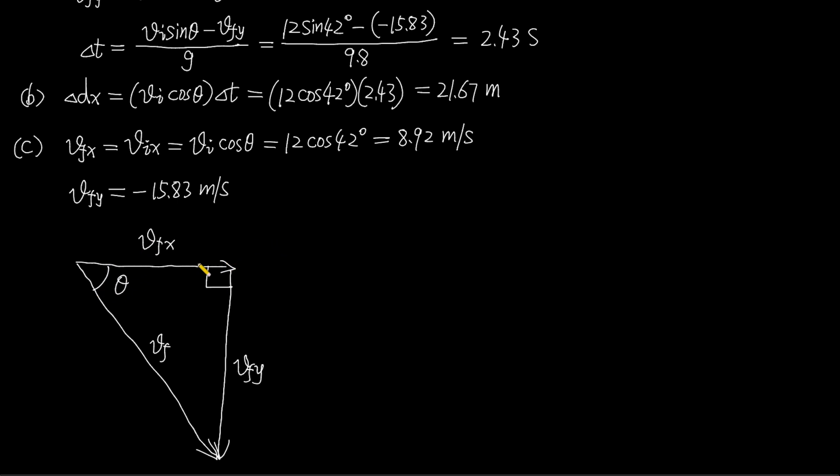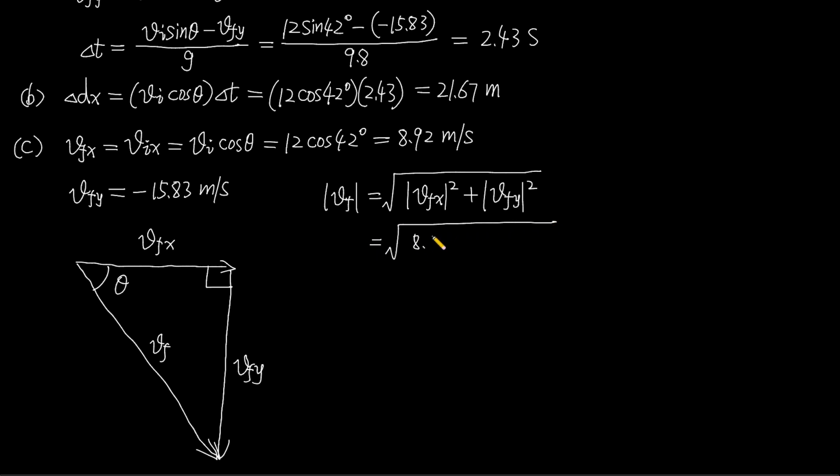So from the graph, we can know that the magnitude of the final velocity equals the square root of the magnitude of the final horizontal velocity squared plus the magnitude of the final vertical velocity squared, which equals the square root of 8.92 squared plus 15.83 squared, and this equals 18.17 meters per second.